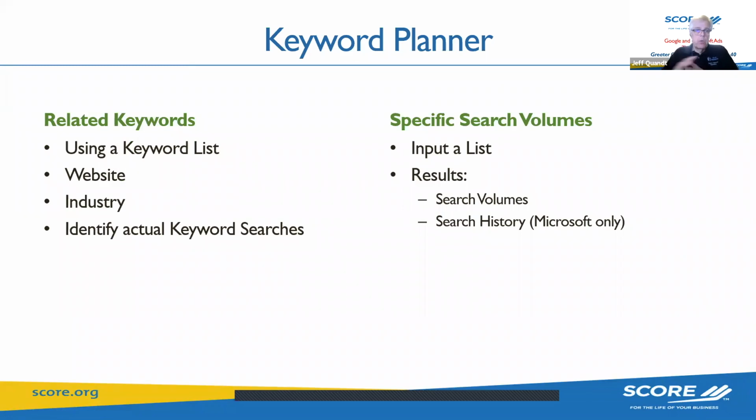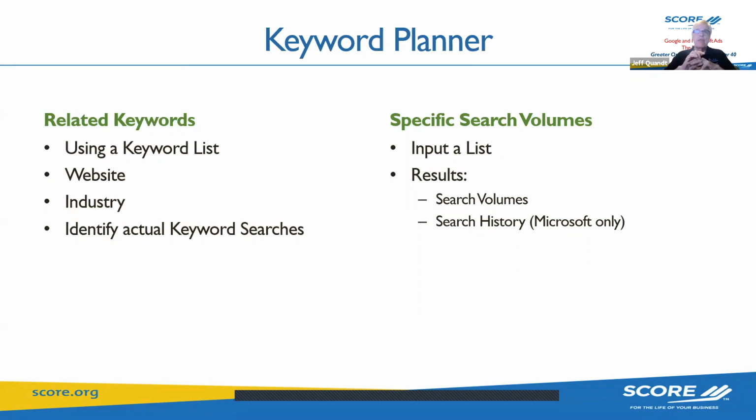All right, the keyword planner, you use a keyword list. You start out with that. You actually take and maybe include your website, because the tool, Google or Bing or Microsoft, will actually look at your website, sort of scrape it and see what's going on. What industry, okay? And sometimes the industries aren't going to be very helpful because they're not as specific, because you're not going to find, let's say, an industry on gutter guards.